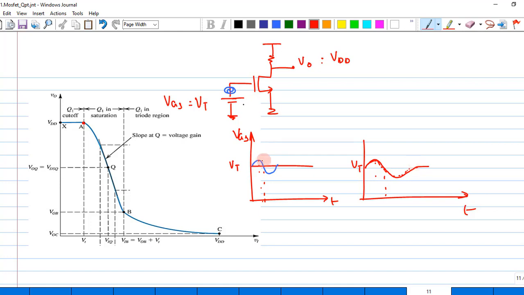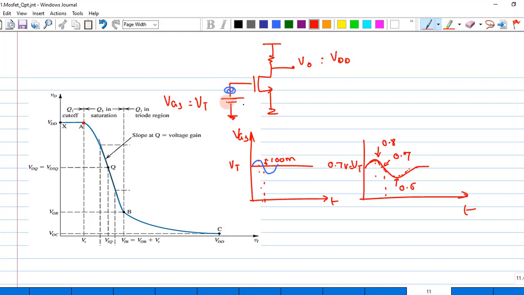For example, if this amplitude is around 100 millivolt, the peak value of this input would go all the way to Vt plus 0.1. If I fix the value of Vt to be around 0.7 volt, then the effective value over here would be 0.8, and over here it would be 0.7, and over here it would be 0.6. So it varies throughout the entire time, and this is what happens over there.